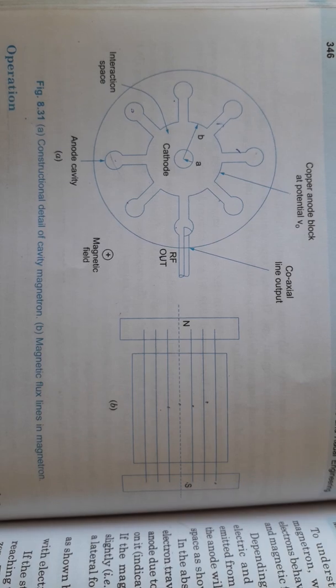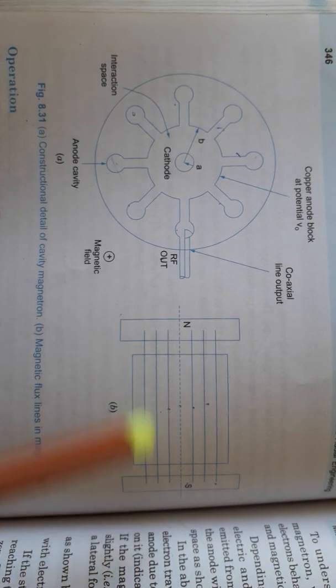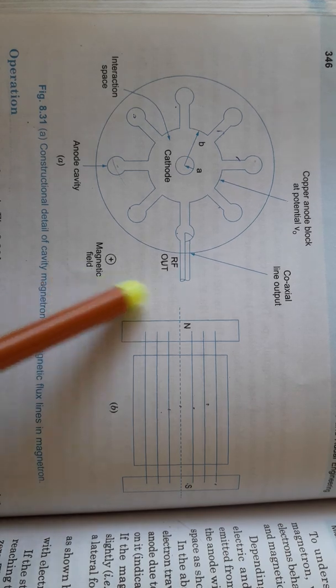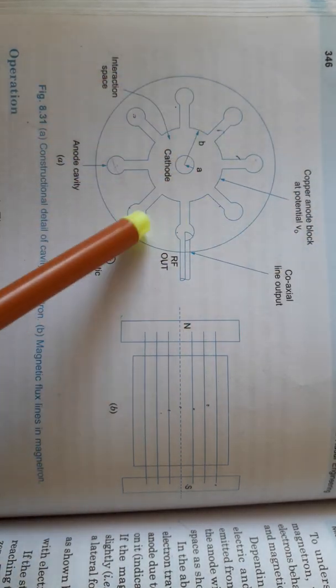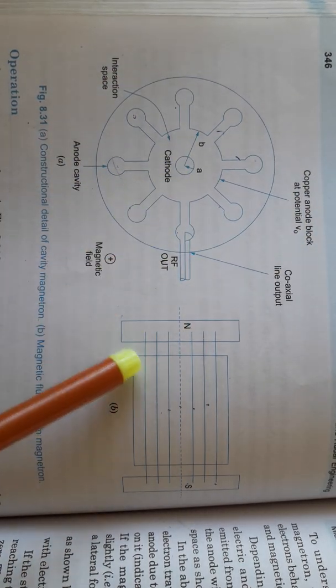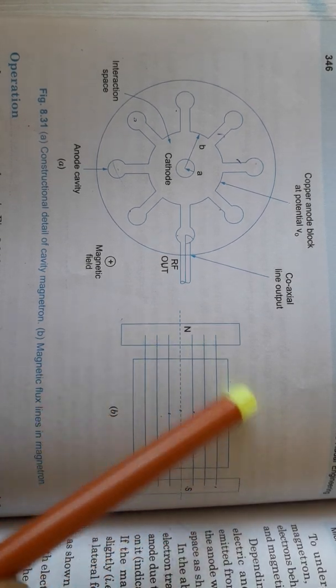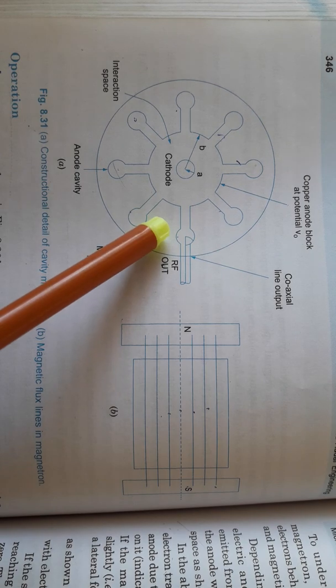Now this is the front view of the magnetron, a cut-off section of the front view. Now if we observe the side view of the magnetron, here you are observing the actual magnetic field. The magnetic field shown here surrounds this magnetron tube, but in actuality there are the north pole and south pole, and this is the structure you are observing here, right?